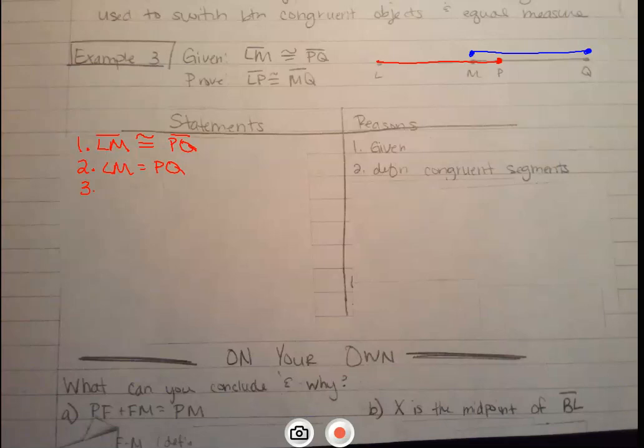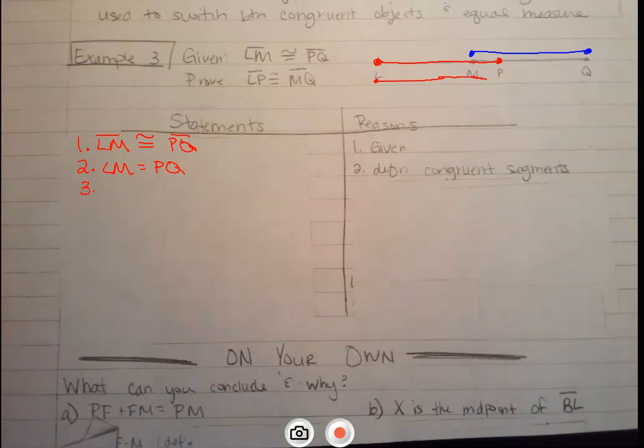Looks close enough isn't good. So how are we going to do that? Switch the P and the M. Well, what's different about LM? LM was from here to here.